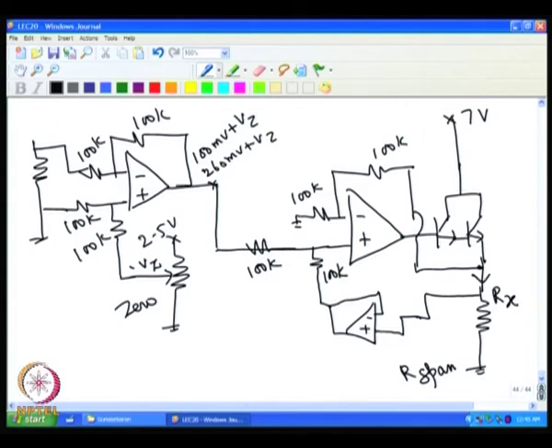Then the current through this, I, is given by this voltage, say I call it Vx, by Rx. The current through this is given by this Vx by this resistance value. There is a small change here: this is supposed to be connected to this point.